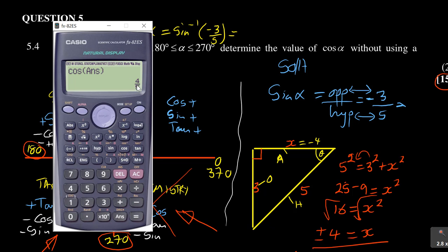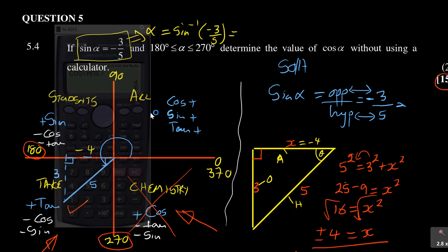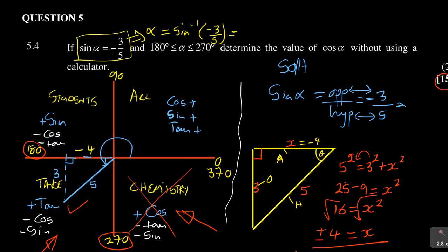Why is it giving me a positive? You'll have to understand again that cos is negative in this quadrant. It gave you a positive where cos is positive, but you have to remember that in the third quadrant, cos is negative.